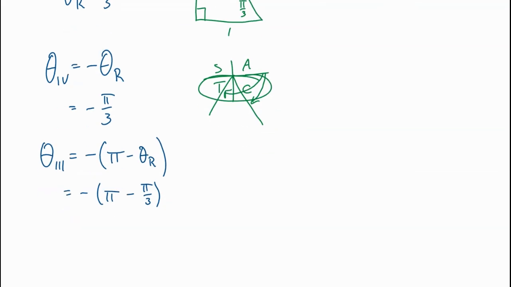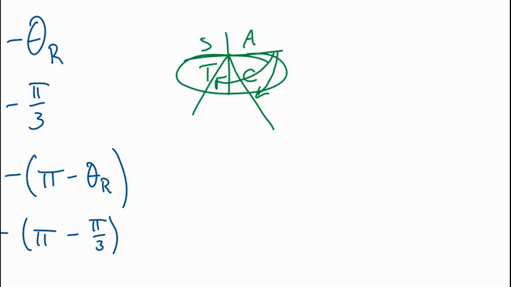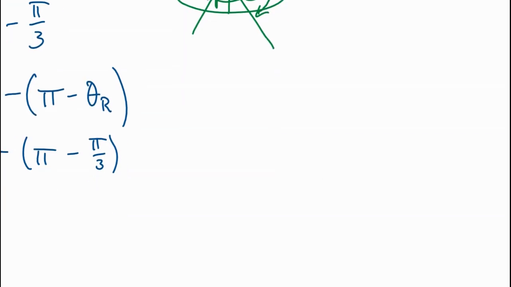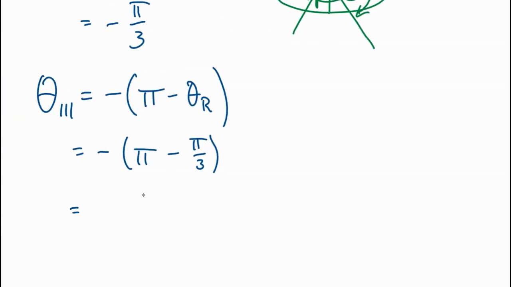Does that make sense? But you might also just go 1 pi by 3, 2 pi by 3. So I've gone 2 pi by 3s to the negative, which is going to be negative 2 pi by 3. So this equals negative 3 pi by 3 minus 1 pi by 3, which is negative 4 pi by 3... sorry, 2 pi by 3, so negative 2 pi by 3.